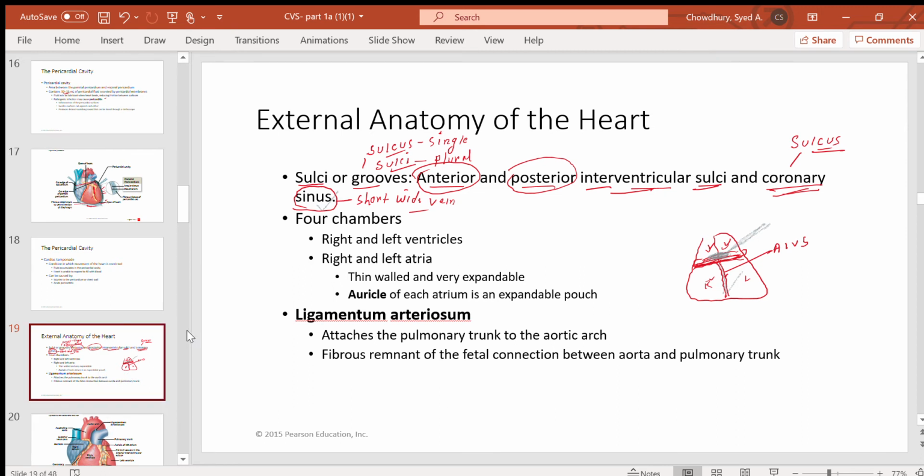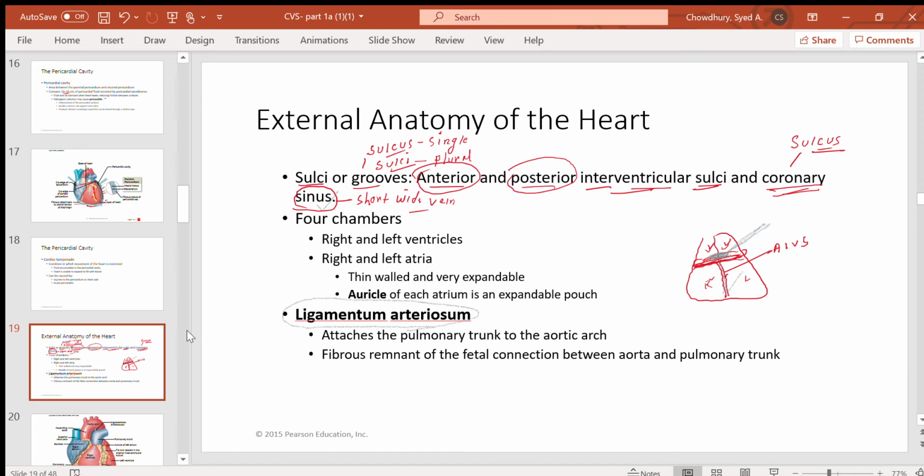Ligamentum arteriosum, it is a ligament, a fibrous tissue structure that connects the pulmonary trunk and aorta, those two blood vessels that are attached to the heart.